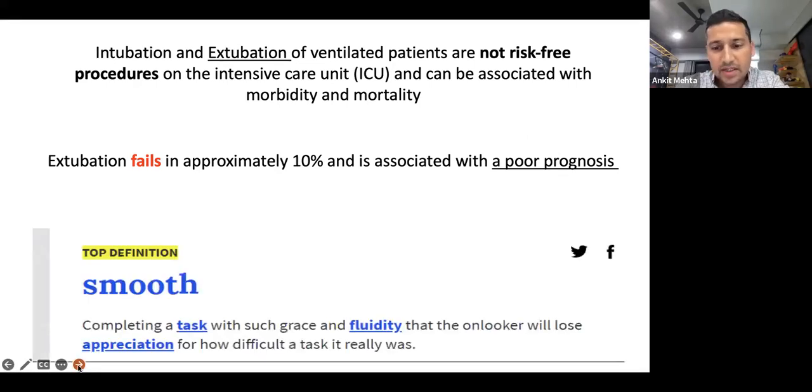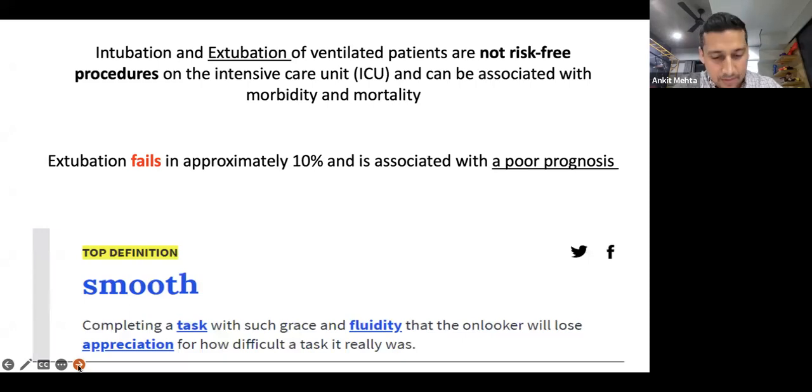So what is a smooth way of doing it? A smooth way is that you do a given task in such a way that someone looking at the procedure may not even understand how difficult it was. Maybe when we see our seniors, our consultants, take decisions, sometimes we just feel, oh, it was so easy.